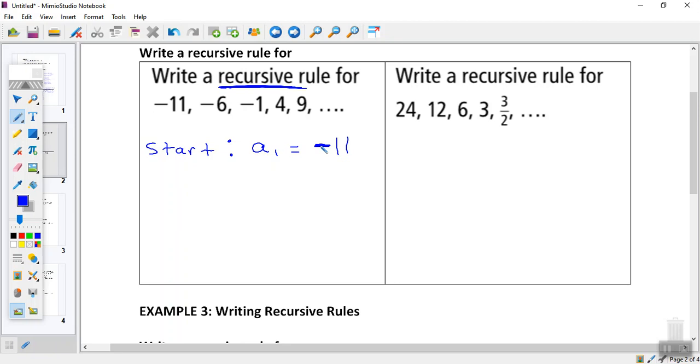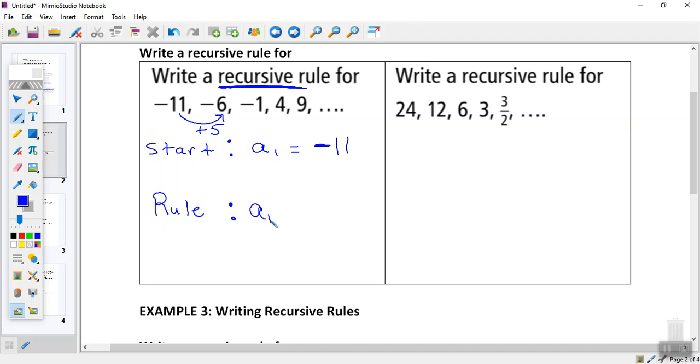Okay, now guys, what's happening? What's the pattern in this right here? Adding 5 to the previous one. So right now, if I'm at negative 11, how do I get to my next value? Well, you would say do what? Add 5, right? Okay. So here's how you write your rule for this. If you go back to the front side of your notes and look at the vocabulary, we said we have to write a rule for the nth term.